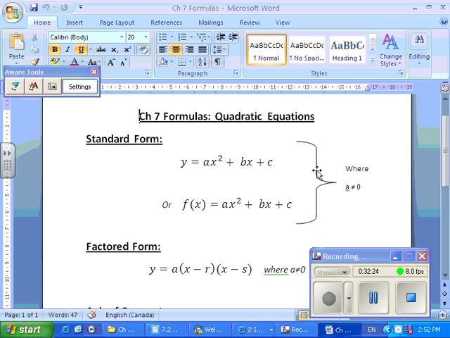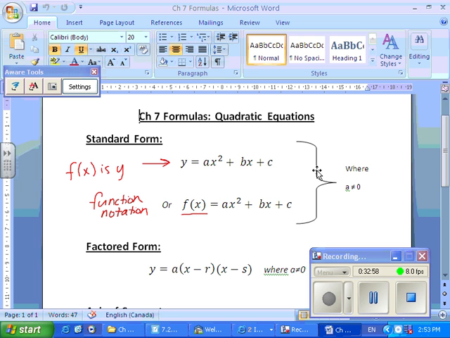This is the one that we started off looking at in chapter 7, y equals ax squared plus bx plus c, where a has to be a value either greater or less than 0. It can't be 0 because then we wouldn't have an x squared. But this is standard form, or this is just function notation. So it means the same thing, and I put it there to help remind you. Basically, f of x is y. They're the same thing.